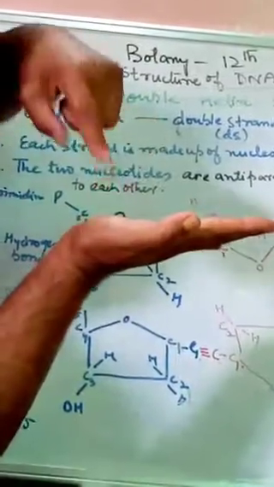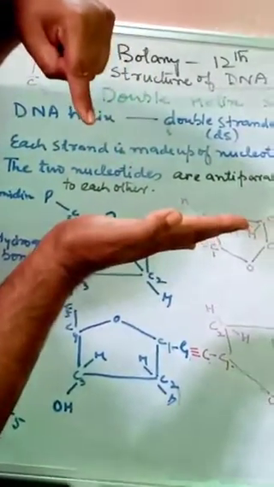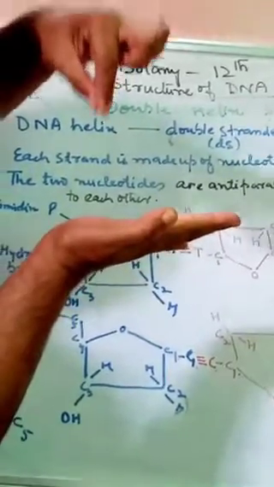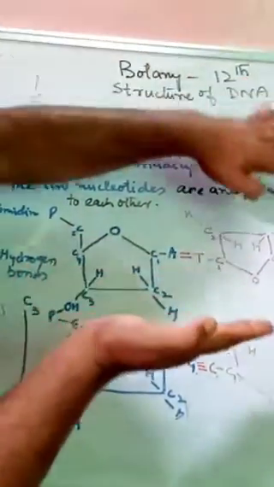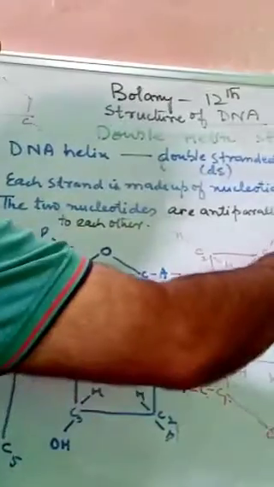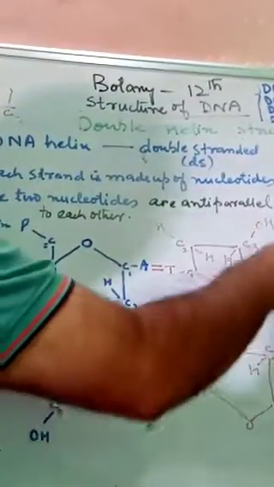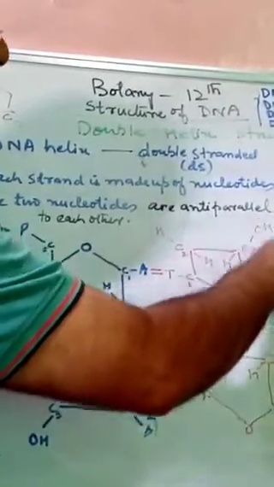This step is spiral in shape, and the step directly above it forms the one turn, and one turn is equal to 34 angstroms.